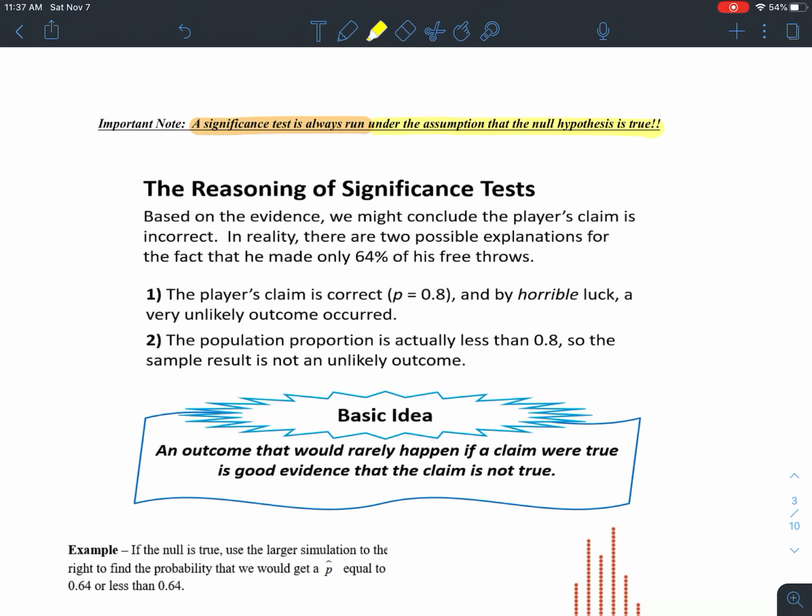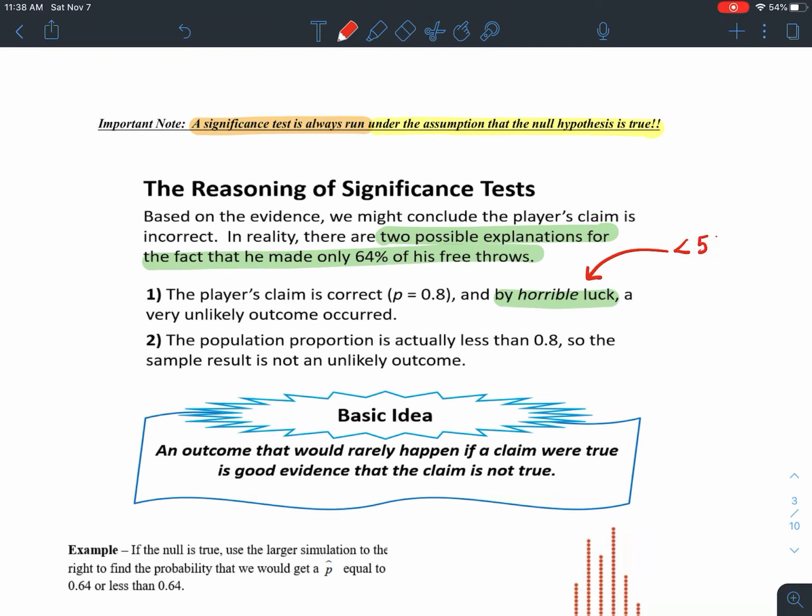He is legitimately an 80% free throw shooter. The reason that he only made 64% of his shots in the sample was just some horrible luck, where this would only have happened under the rarest of circumstances, like less than 5% of the time. It's so unlikely to have occurred, but truly he is an 80% free throw shooter.